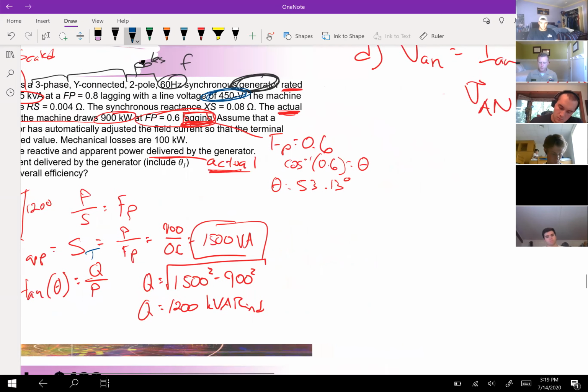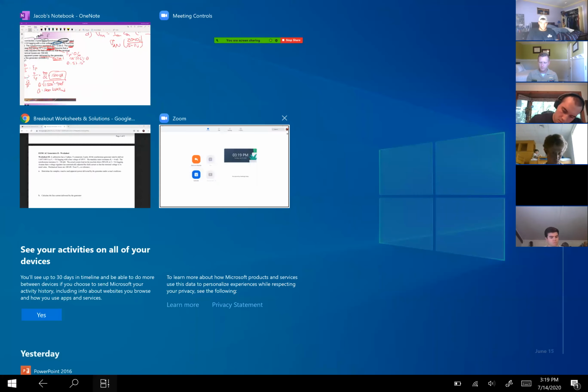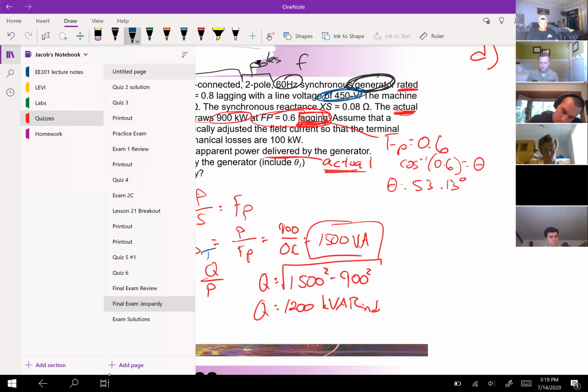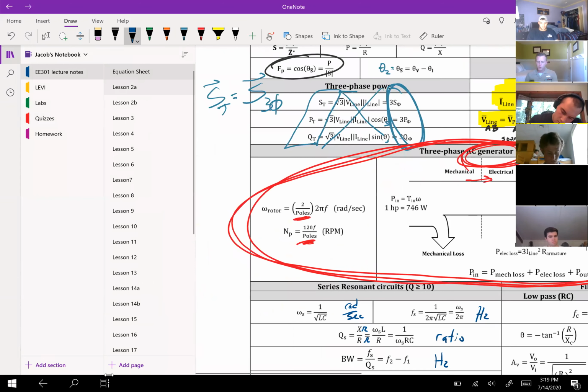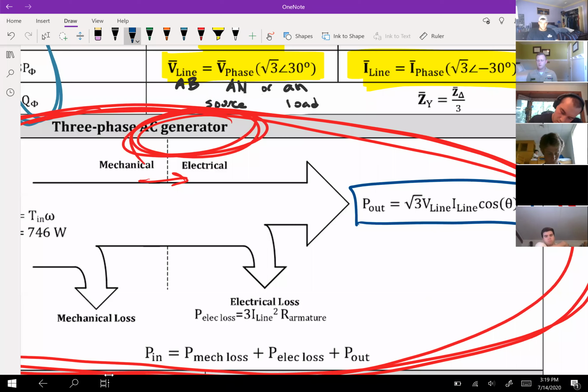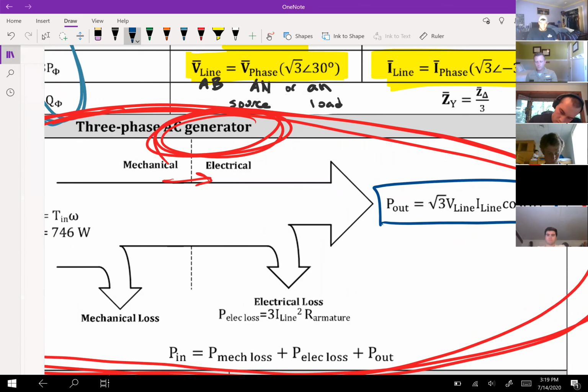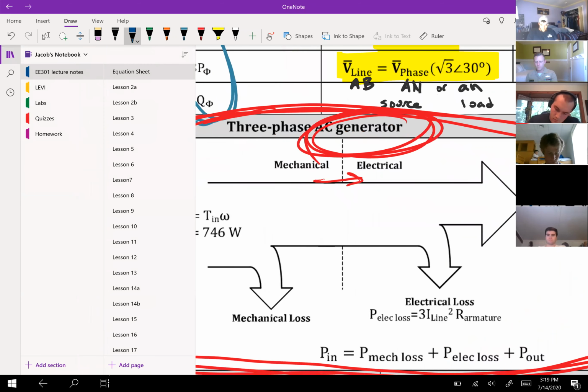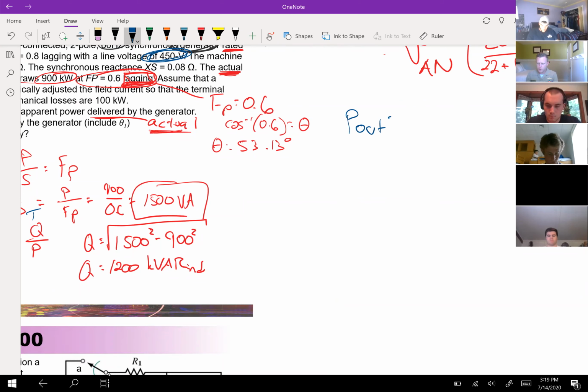But the way on the formula sheet, the equation sheet, right here, it says P out equals √3 V line I line cosine theta. So if I'm writing that down, P out equals √3 V line I line cosine theta.